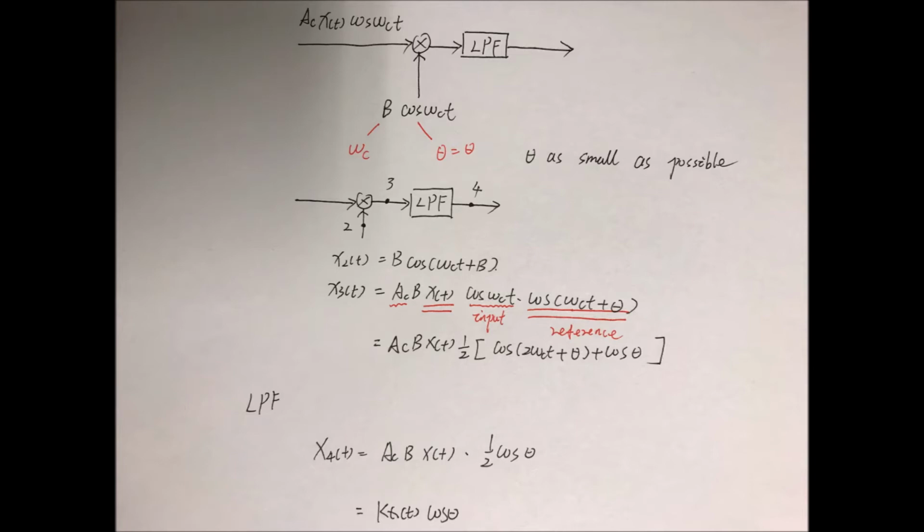So we really want theta as small as possible. How can we achieve this? We use a phase lock loop.